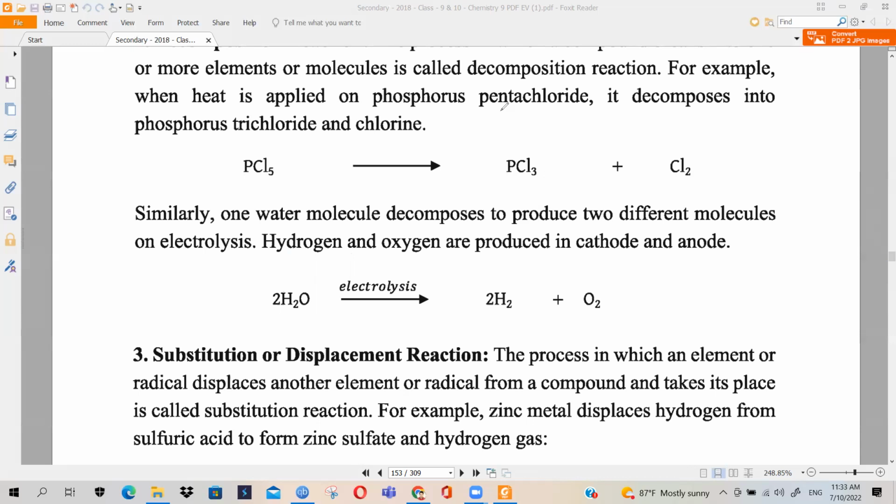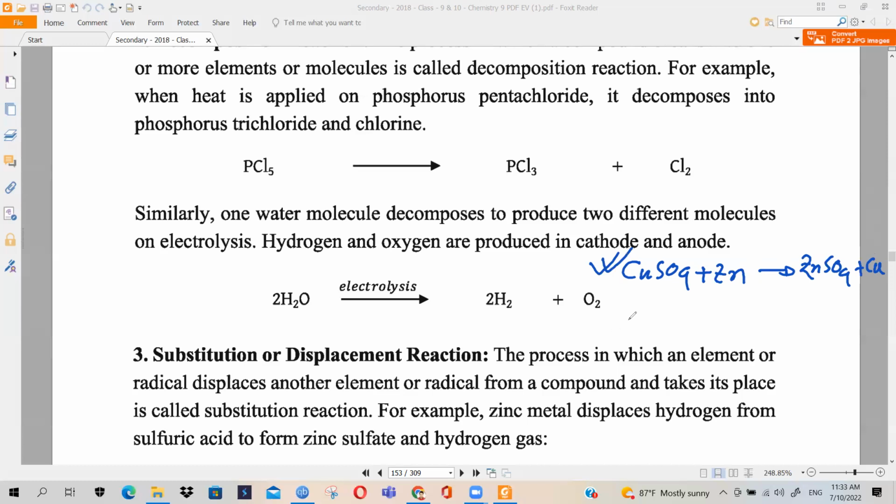For instance, say copper sulfate plus zinc. Now zinc is ahead of copper in the activity series. That is why we will get zinc sulfate plus copper. Okay, this occurs.